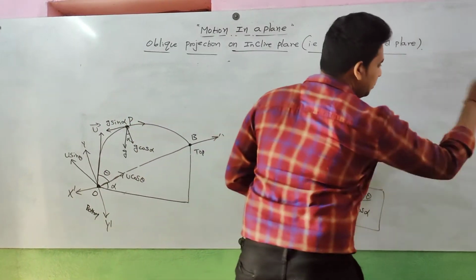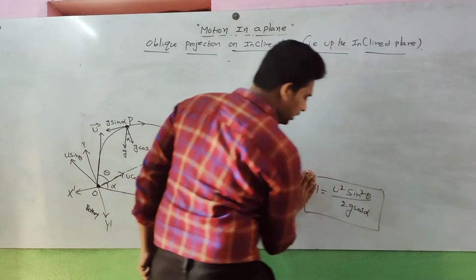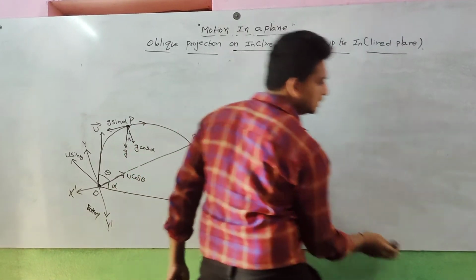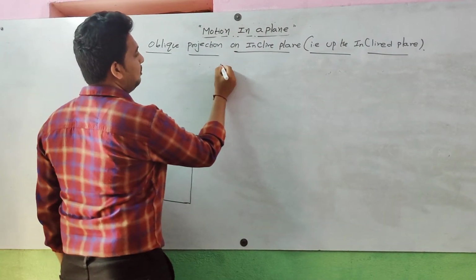This is the formula, U square sin square theta by 2g cos alpha. Example number 2.